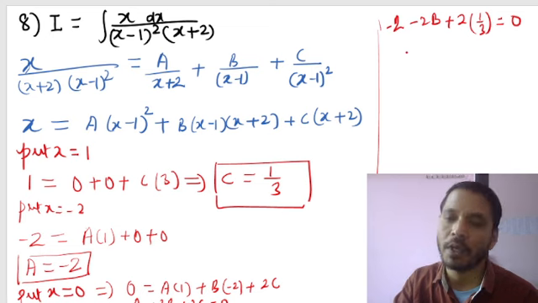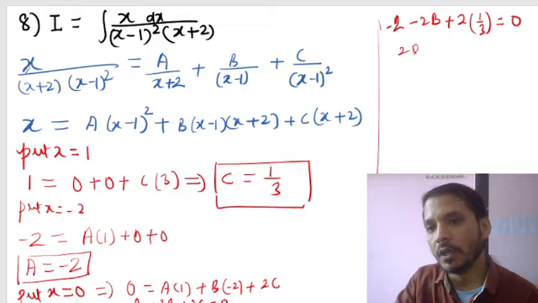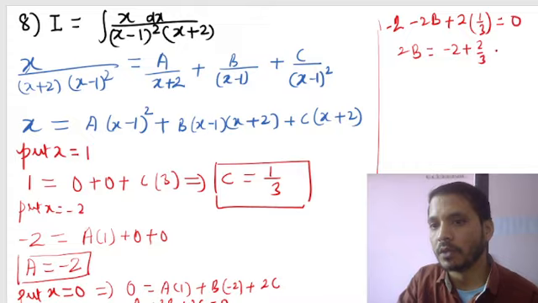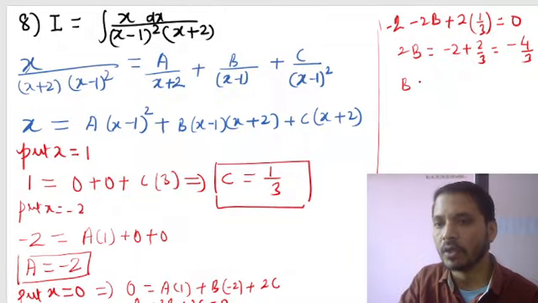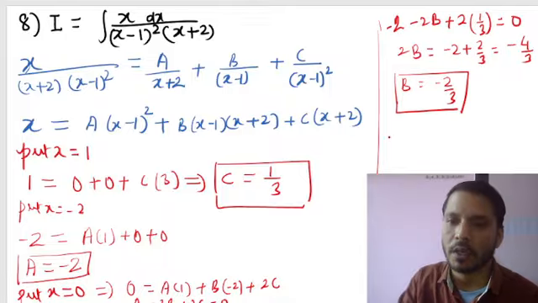That means 2B will be equal to minus 2 plus 2 by 3. If we simplify it, it will become minus 6 plus 2, minus 4 by 3. So B is equal to minus 2 by 3. Now we have all three constant values, so we can write our answer.